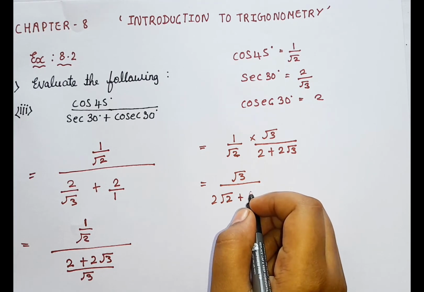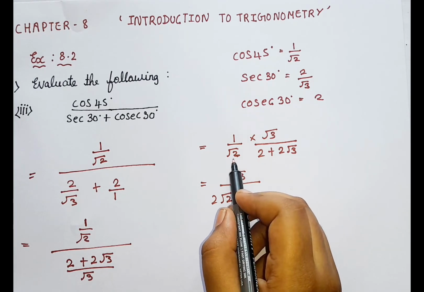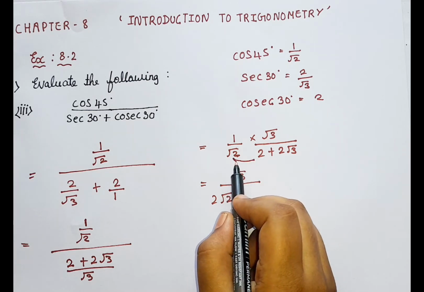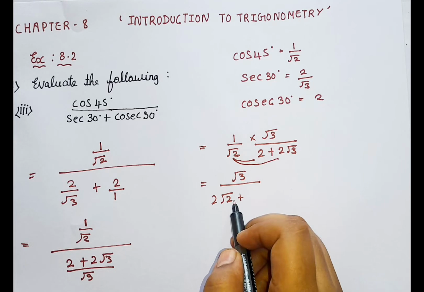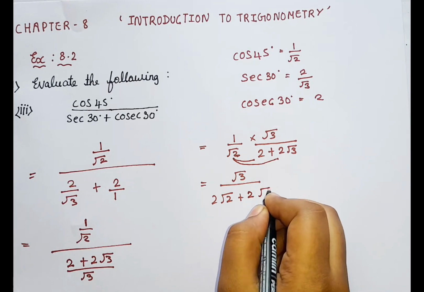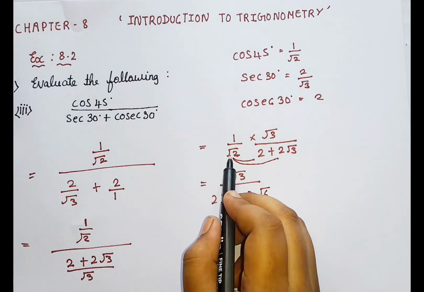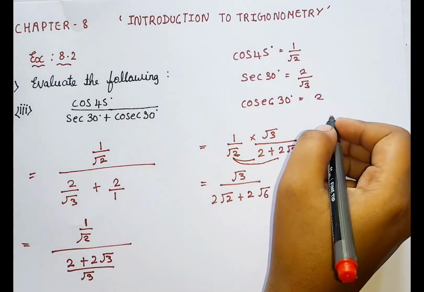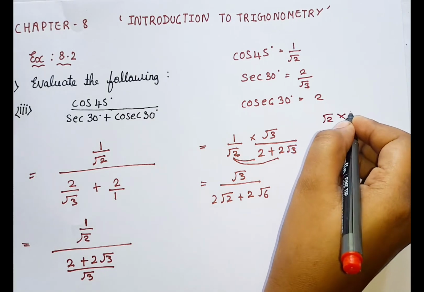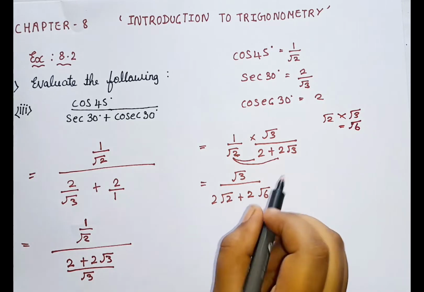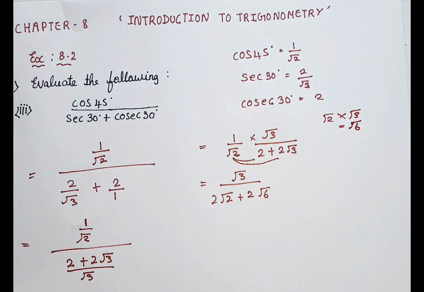I multiply like this: root 2 into 2 is 2 root 2, and root 2 into 2 root 3 is 2 root 6. Root 2 into root 3 is root 6. And then 2, I wrote it as it is.